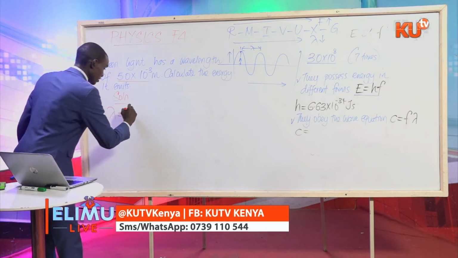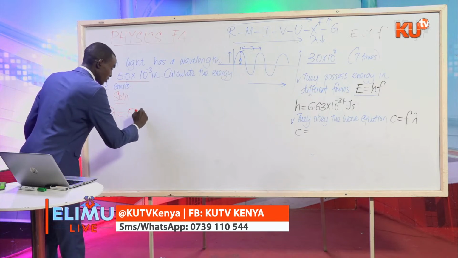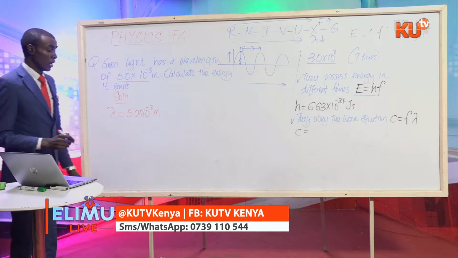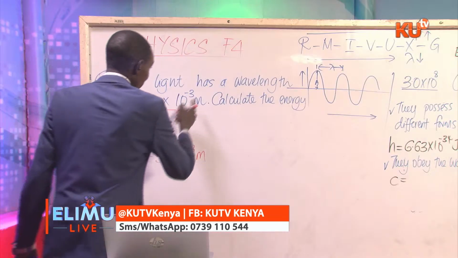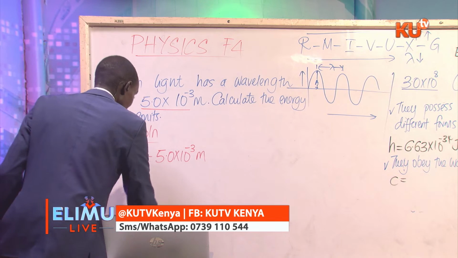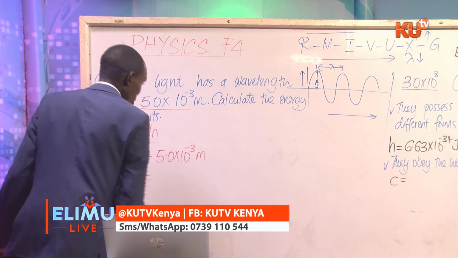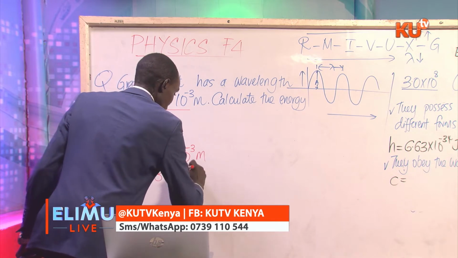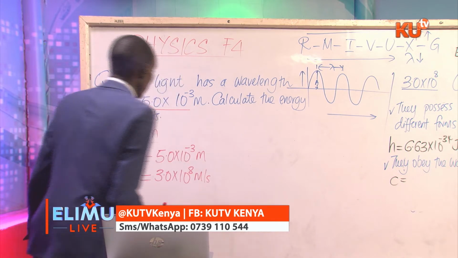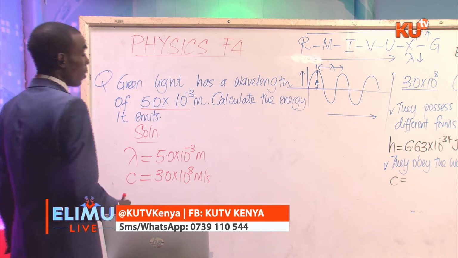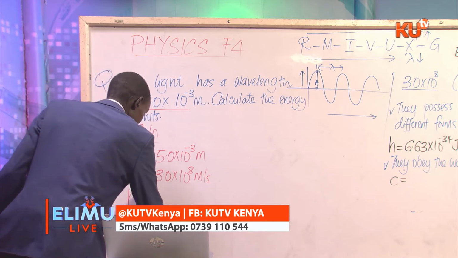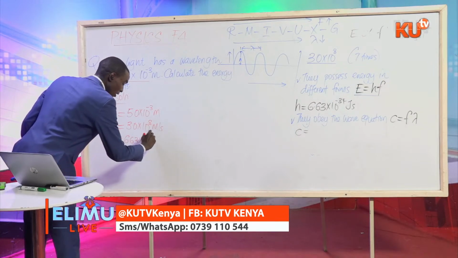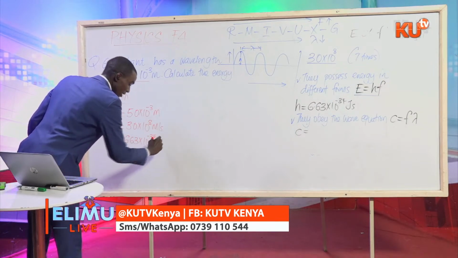And this is 5.0 times 10 to the power minus 3 meters. We also know, since this is going to travel at the speed of light, that the speed of light is 3.0 times 10 to the power 8 meters every second. We also know Planck's constant is 6.63 times 10 to the power minus 34 joule second.